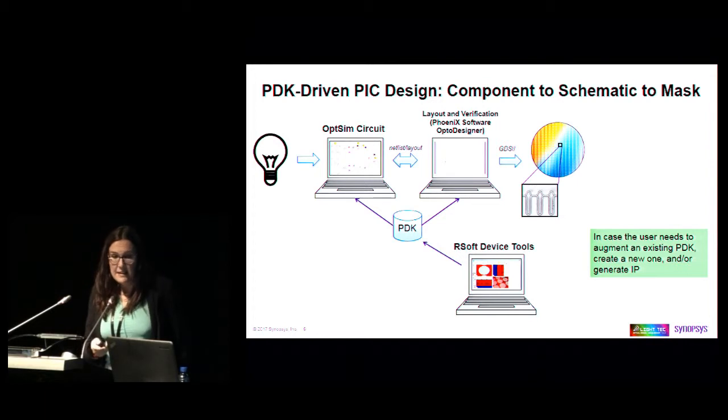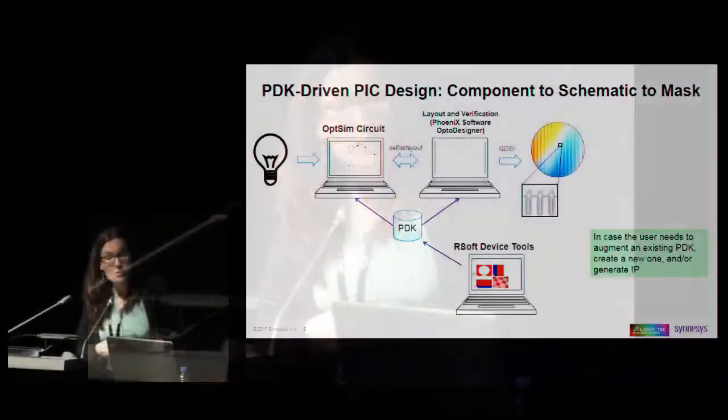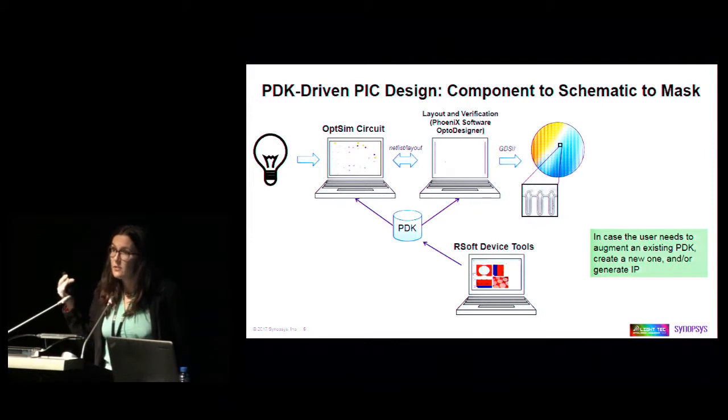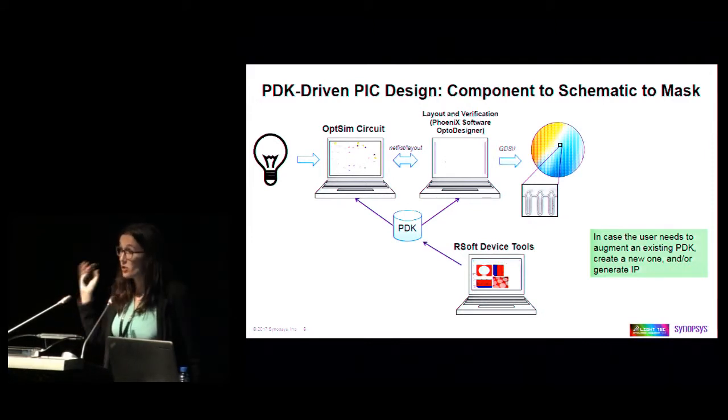In that case, you have to go out of this library provided by the foundries. And for that, you have to go back to the component level and do some simulation of propagation of light at the component level.